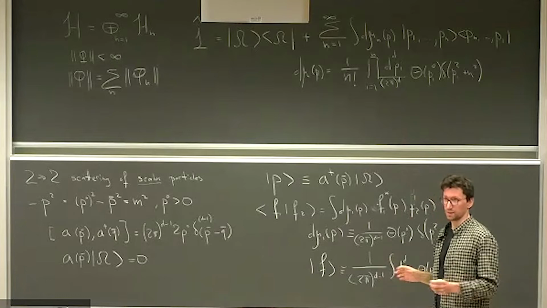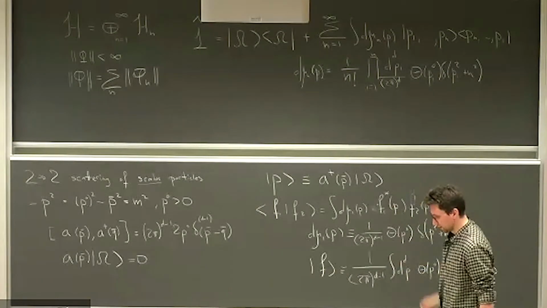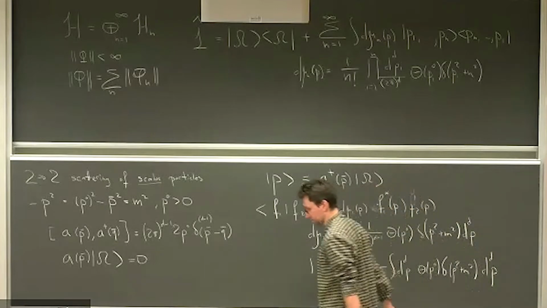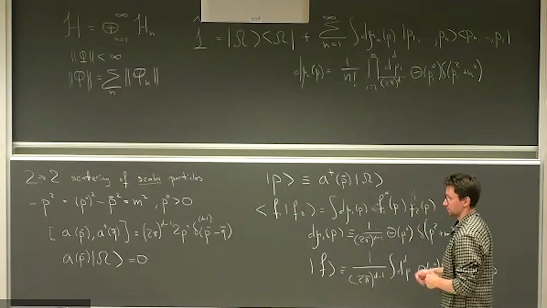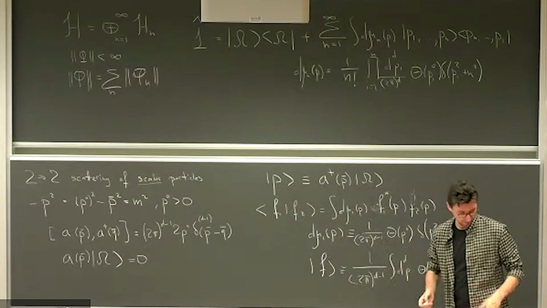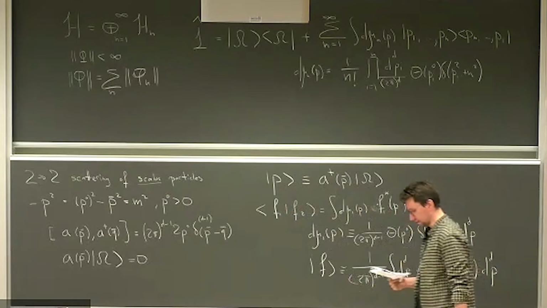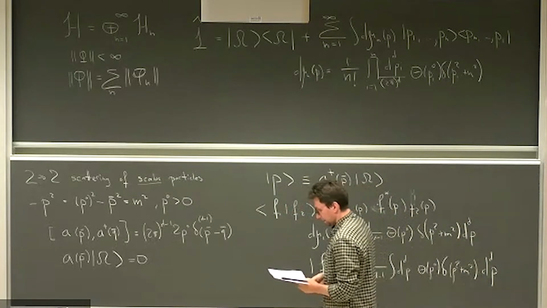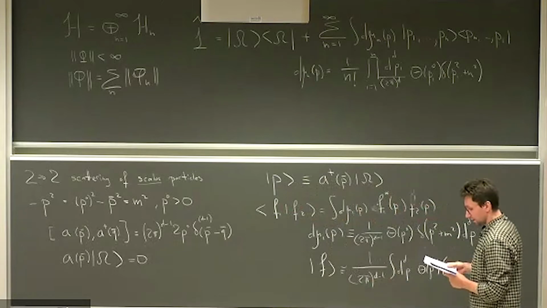Asymptotic states are stable particles, and this is not a sum over quarks and gluons here. It's really a sum over pions, electrons, particles which we believe are stable. Well, pions are stable in QCD, but not in the standard model.